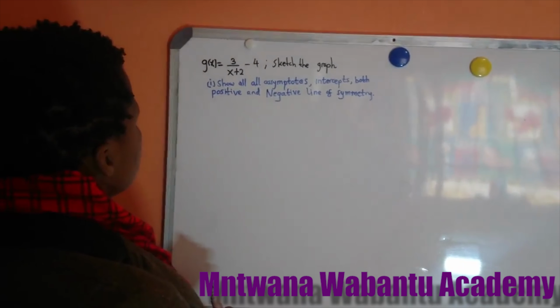Then move the 3, so also negative 12. So 4x equals negative 9.